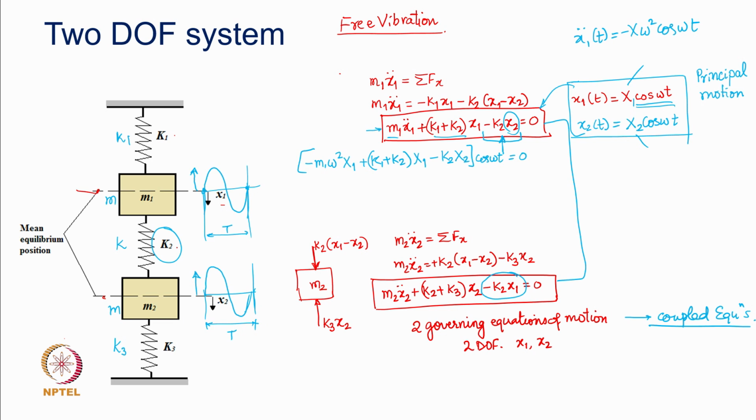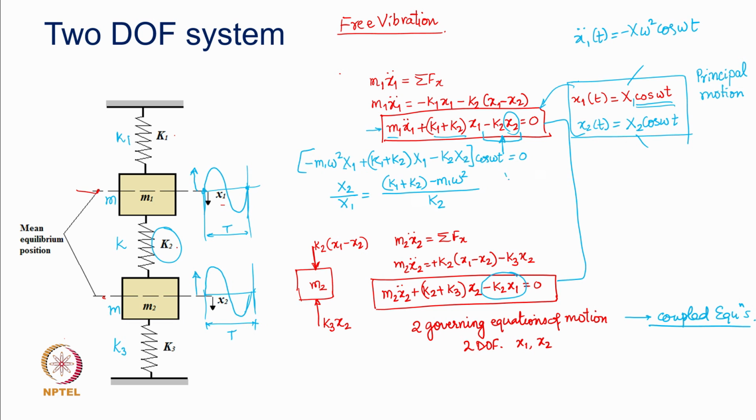Which actually means what? I can write this as x2 over x1 equals k1 plus k2 minus m1 omega square, this is the multiplying factor to x1, and then this is going to be k2.